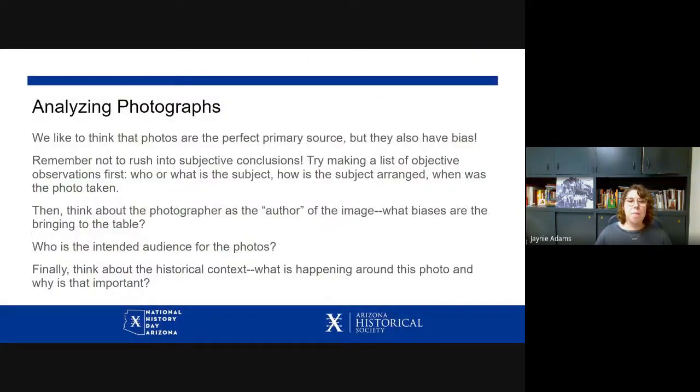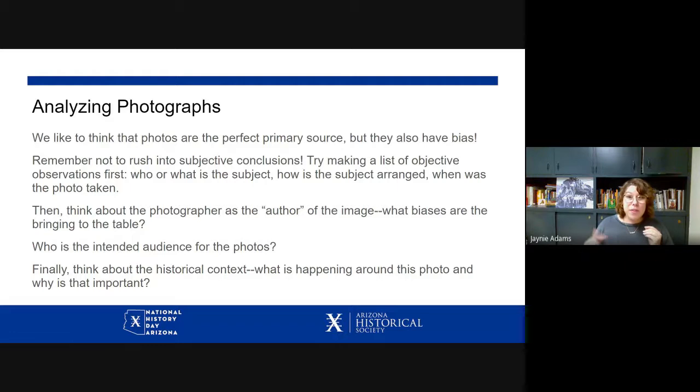Okay, so maps, and now onto photographs. We like to think of photographs as the perfect primary source, right? It's an instantaneous moment in time. It perfectly preserves a historical moment. But that's really not the case, right? We know that old technology for photography took time to actually produce the photograph, to actually emboss the film.